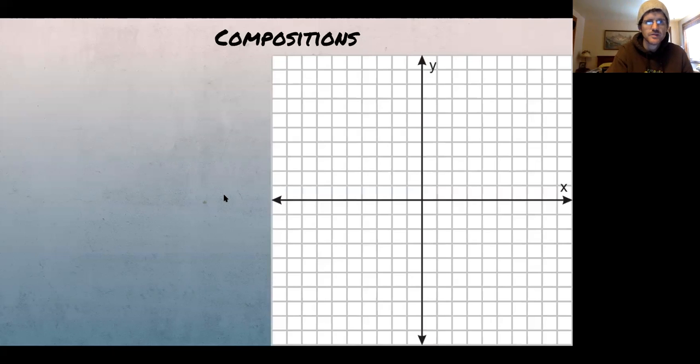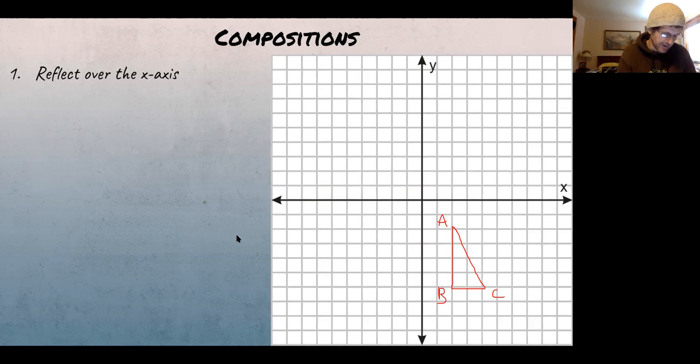Okay, so now let's look at this. First of all, I want to start with a triangle of some sort. Okay, we've got a triangle. I want to label it A, B, and C. The very first step says reflect over the x-axis. Not a big deal. I will do that.